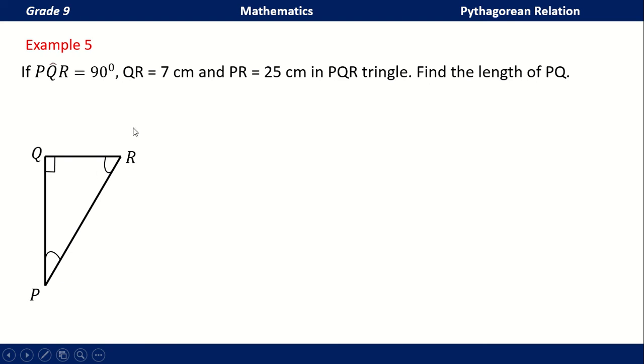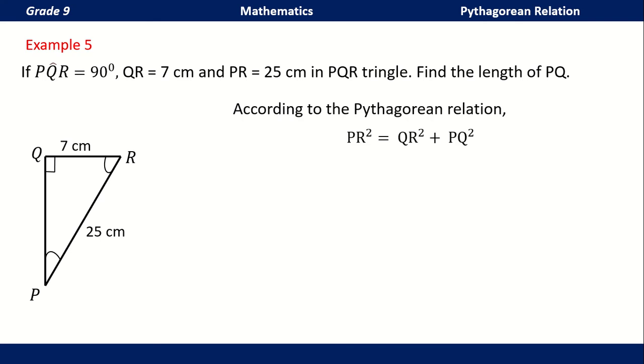Since QR is 7 centimeters, I can mark it here, and since PR is 25, I can mark 25 here. Now you have a figure like that, and since it is a right angle triangle, you can apply the Pythagorean relationship here.